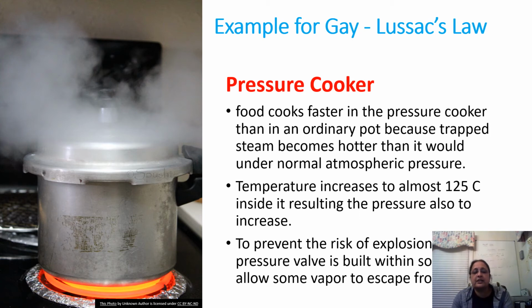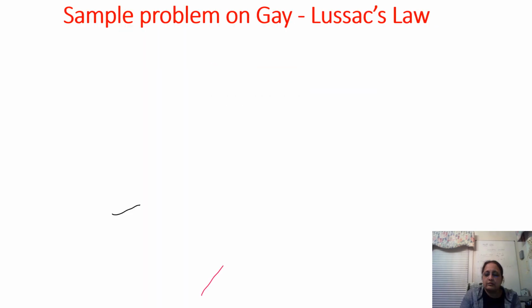As the temperature increases, the pressure also increases. So there is always a risk of explosion. For this, a pressure valve is built in, so that some of the vapor slowly escapes. Since the temperature is higher, the food gets cooked very fast compared to an ordinary pot.